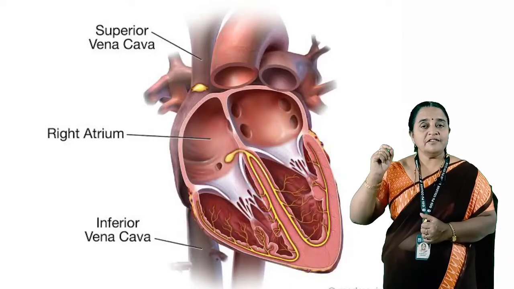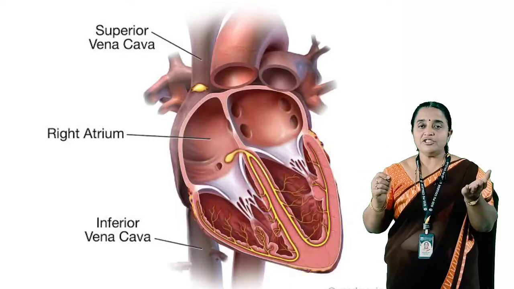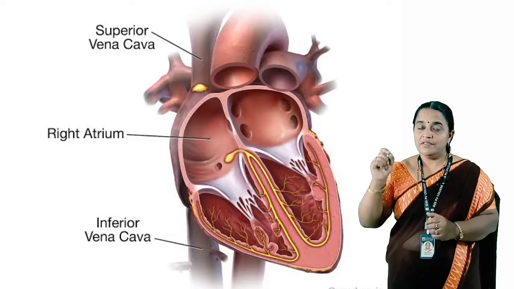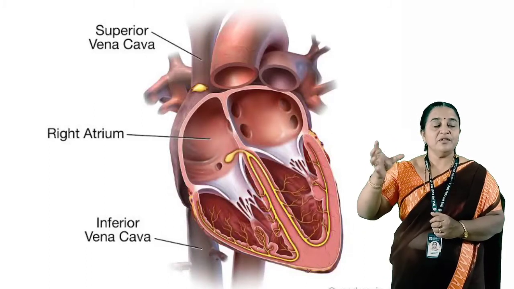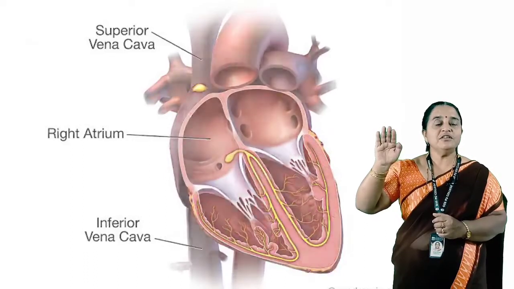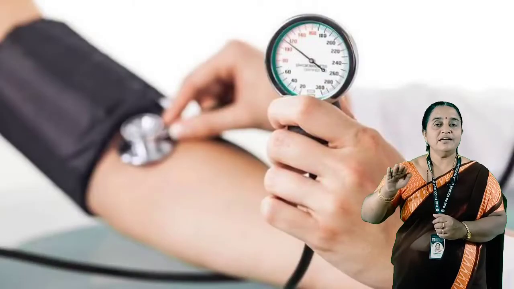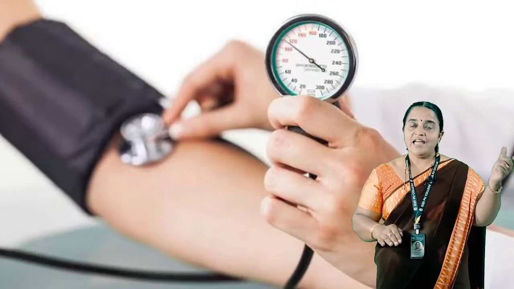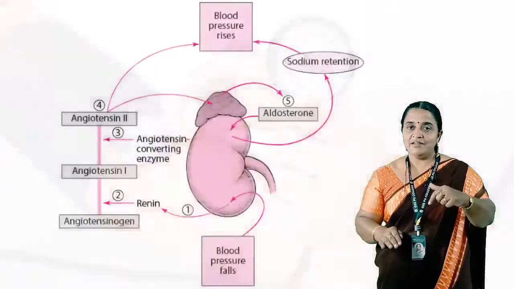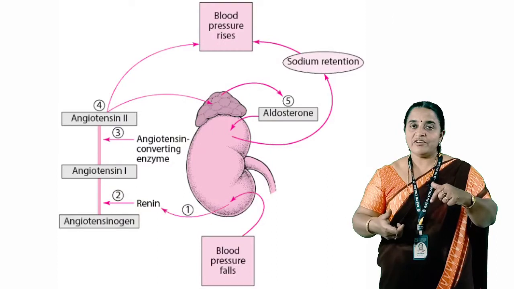So when this ANF is secreted due to increased pressure on the heart wall, it will dilate the blood vessels, exactly the opposite mechanism. So due to vasodilation, blood pressure slowly decreases. When it goes below normal, again angiotensin is activated, known for vasoconstriction.